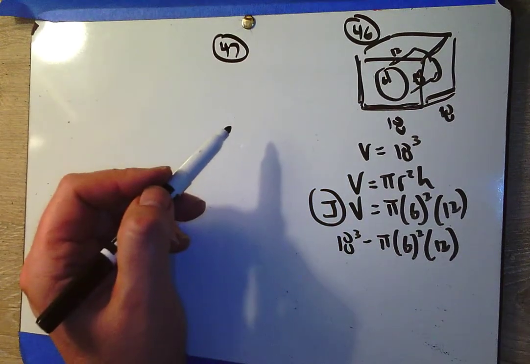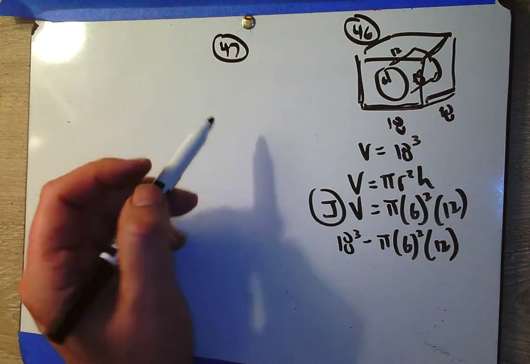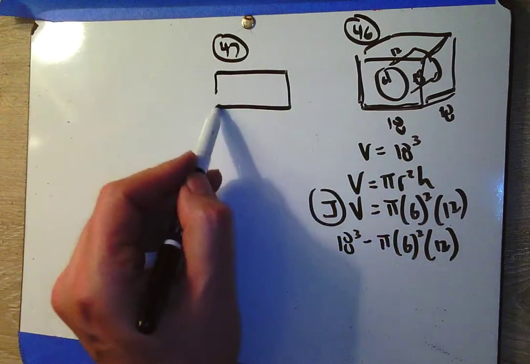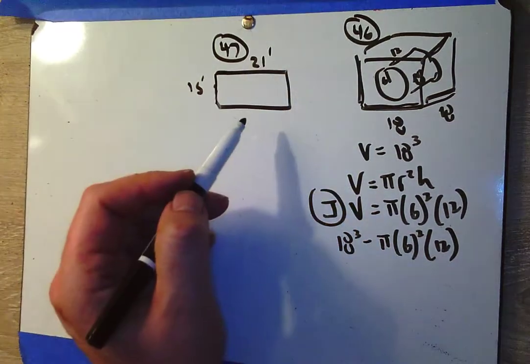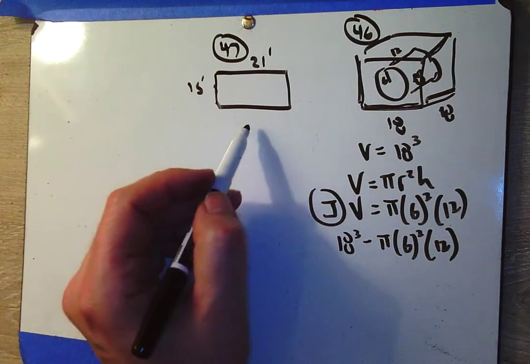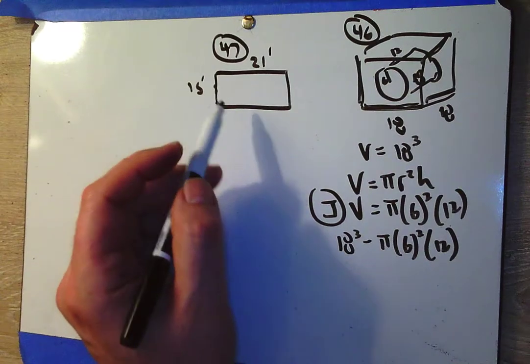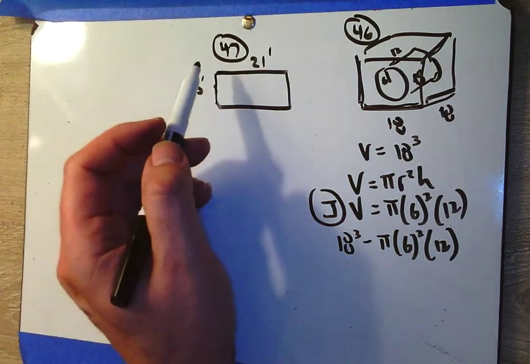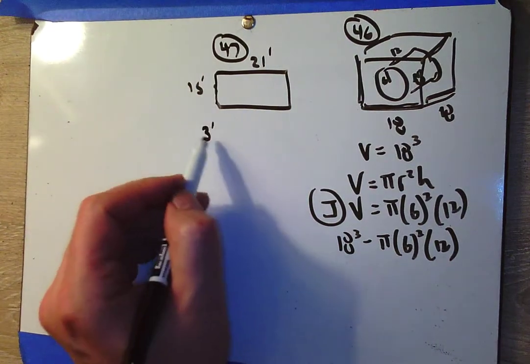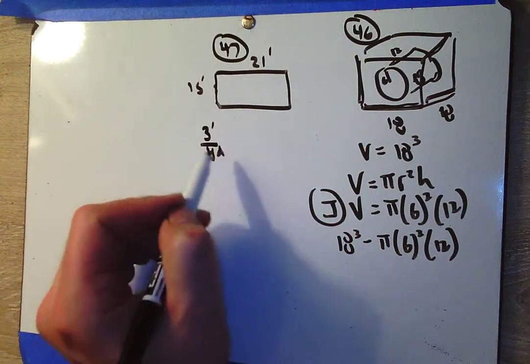47. A room has a rectangular floor that is 15 feet by 21 feet. 15 by 21. How many square yards? Well, there's two ways to do this problem. We can convert 21 feet into yards. We know that there are 3 feet in every yard.